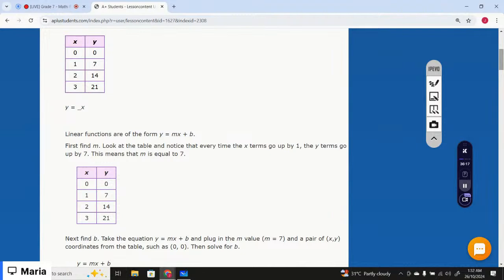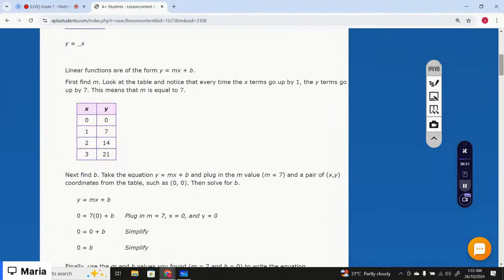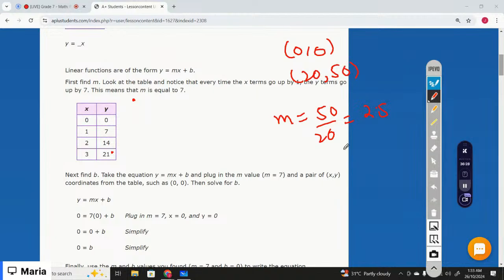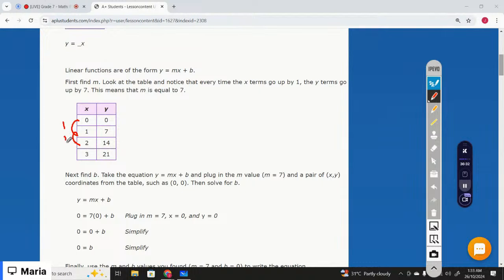Let's just look at the table. Every time the x term goes up by 1: 0 plus 1 is 1, 1 plus 1 is 2, 2 plus 1 is 3. And 0 plus 7 is 7, 7 plus 7 is 14, 14 plus 7 is 21. So x values go up by 1 and y values go up by 7, right?